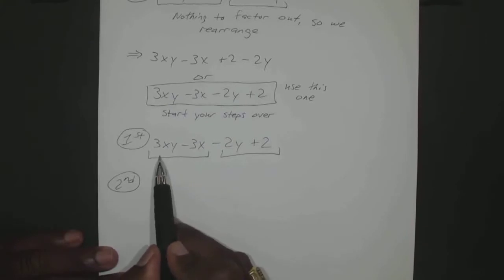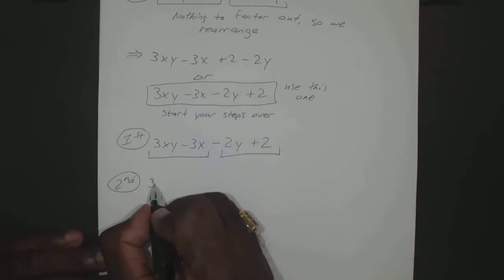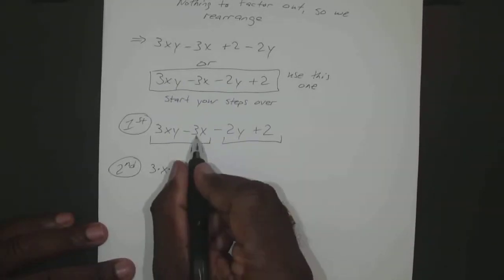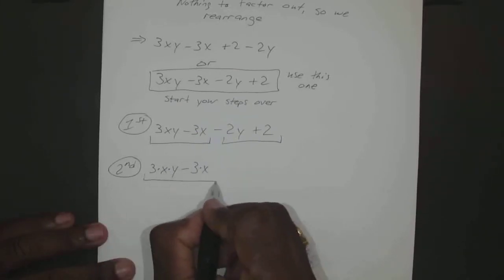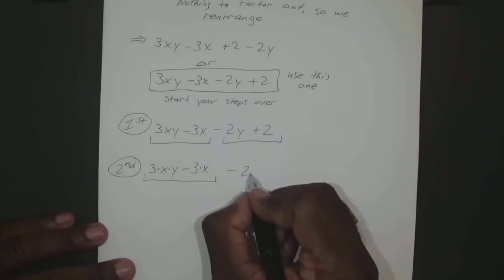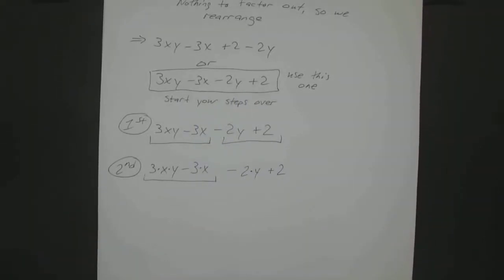Okay. So now this first group, we can have 3 times x times y minus 3 times x minus 2 times y, and that's just plus 2, or you can put 2 times 1 if you want to. You don't really have to.